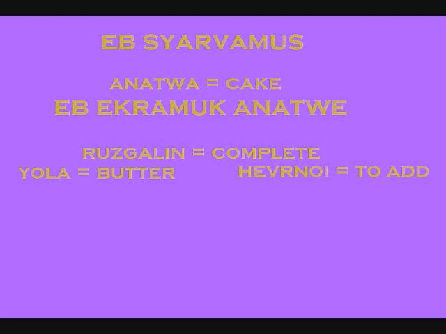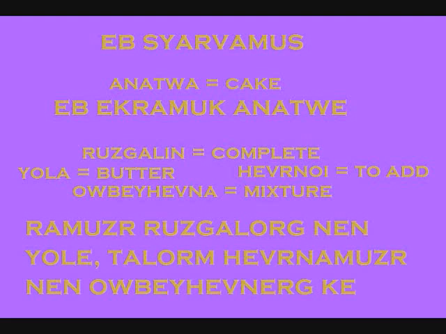For example, defining Ruzgalin as complete, Yola as butter, Hevrnoi as to add, and Owbeyhevna as mixture, then Ramuzur Ruzgalorgnen Yole, Talorm Hevrnamuzernen Owbeyhevnerke would mean, melt the butter completely, then add it to the mixture.